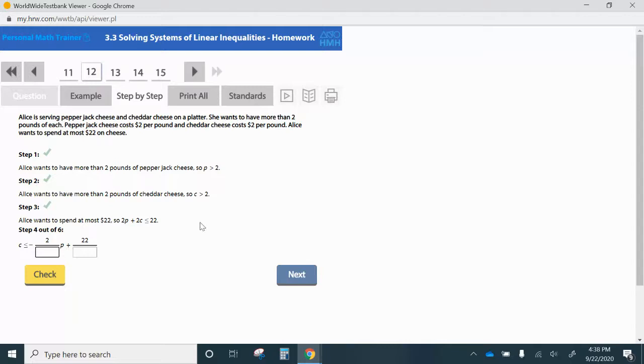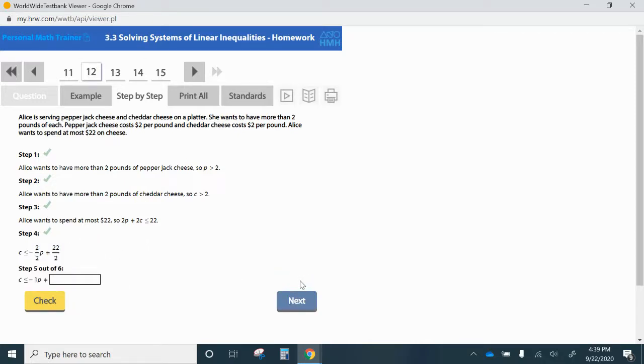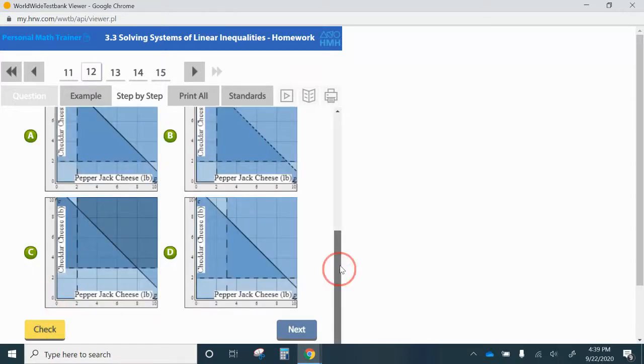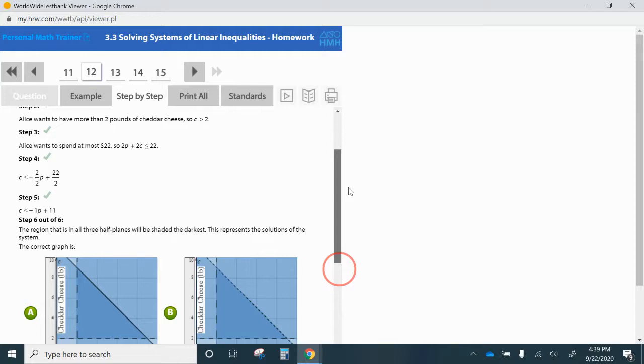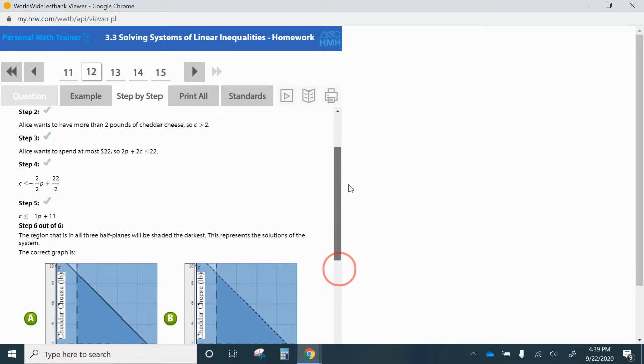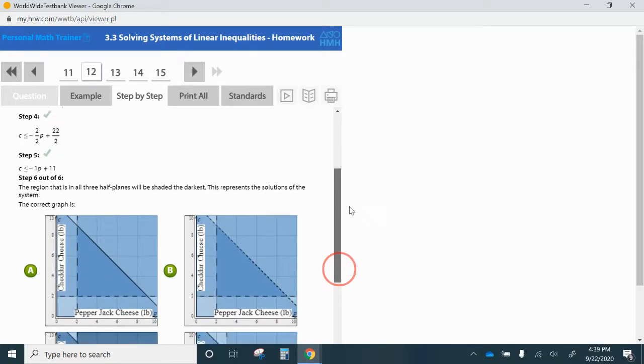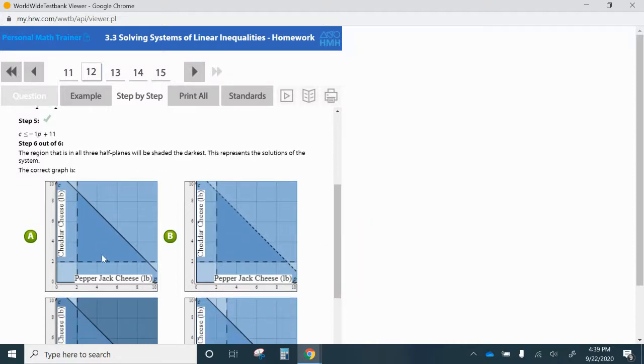So to solve for C, we're going to subtract 2P and then divide everything by 2. Okay, so that becomes negative P, and 22 divided by 2 is 11. So we know that both have to be greater than 2.